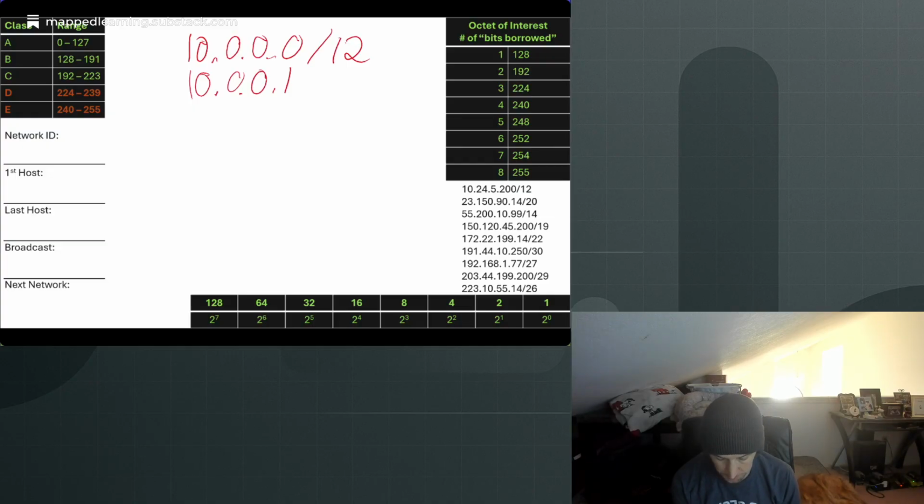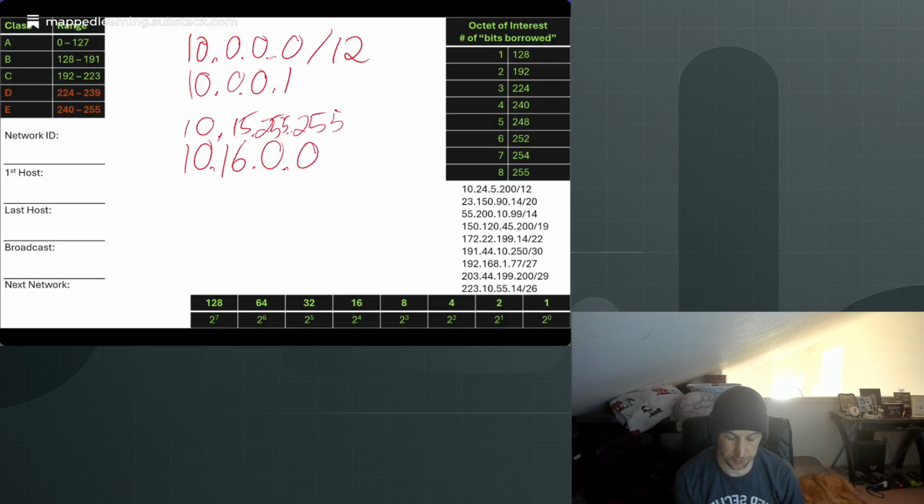The next network is 10.16. Subtract one binary bit, and remember it's 10.15.255.255. That's the broadcast for this network. Subtract 1, it's 10.15.255.254.